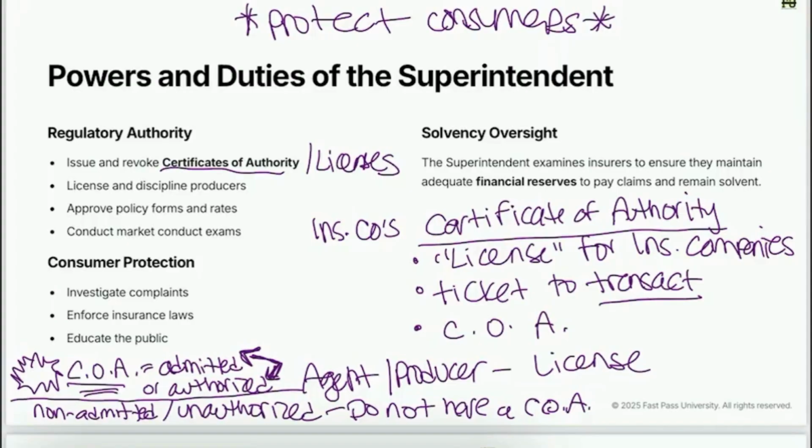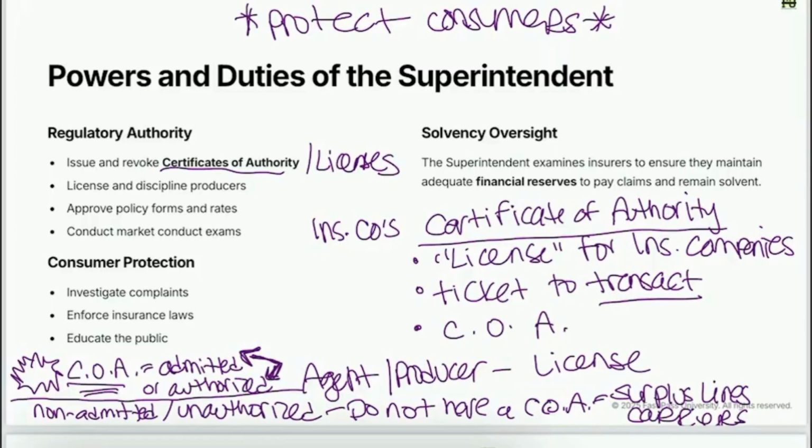They do not need to have a certificate of authority. They are non-admitted, they are unauthorized, but that doesn't just mean that you can go out there and sell insurance and say, oh, I'm a surplus lines carrier. No, they still have to register and be approved with the superintendent and with the state.